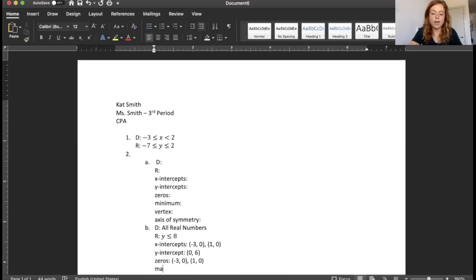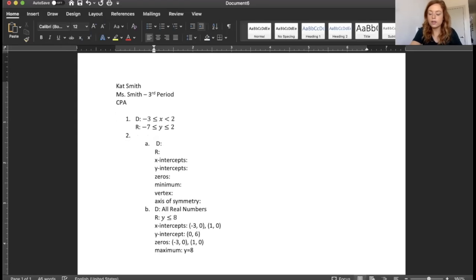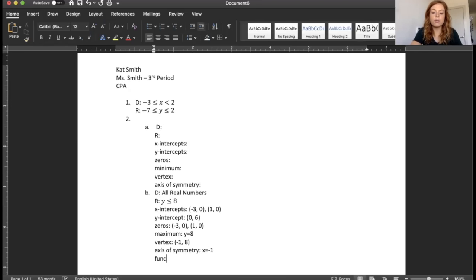And it was a maximum this time, and it was at y equals 8, and then we had a vertex at -1, 8, and an axis of symmetry at x equals -1.